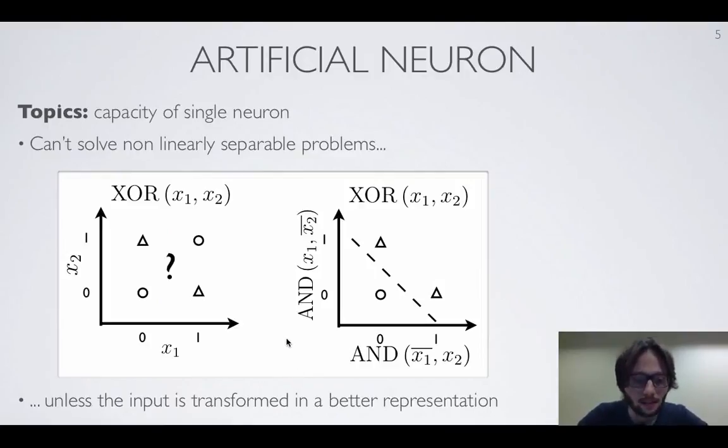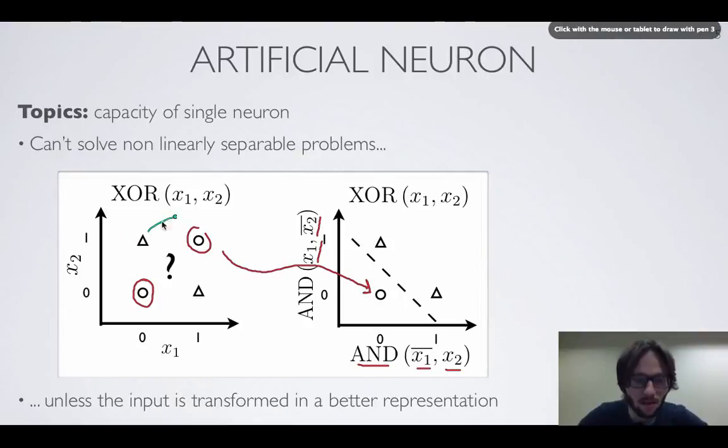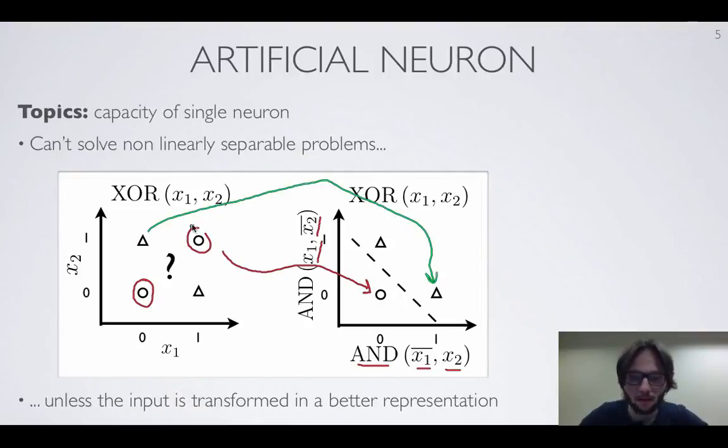However, it's such a simple function that if we had plotted on this axis the result of applying the AND function over the negation of x1 and x2, like we've seen in the previous slide, and on this axis the output of the AND function over x1 and the negation of x2, then this point and this point would be collapsed into a single point, and this point would correspond to that point.